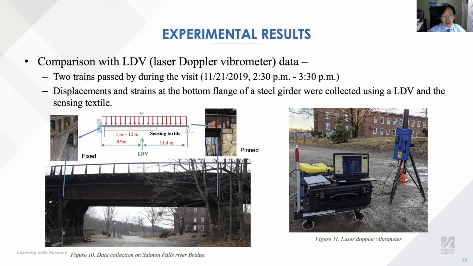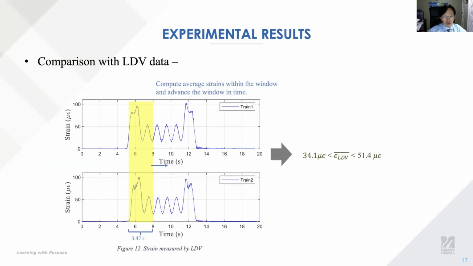During our measurements using the LDV, there were two trains passing by the bridge on November 21st, 2019. The LDV was set up from the left support at a distance of 8.9 meters, roughly measuring the midband of vibration. Shown in figure 12 are two strain measurements collected by the LDV.